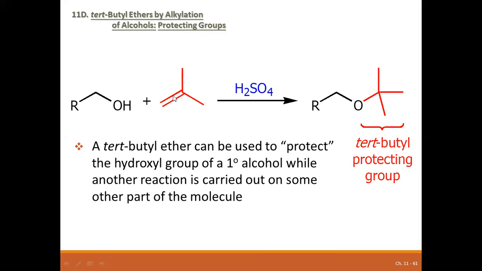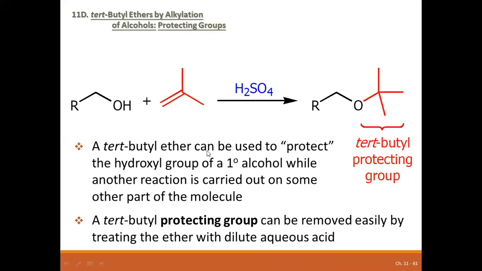So this carbon here, you will have your hydrogen added, and the other one is where your OR is being added. Remember your H2SO4 in water, where your hydrogen is being added to the carbon bearing the greater number of hydrogens.